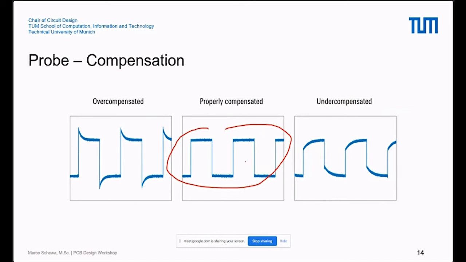And that means that your probe is then compensated. So you compensate the complete line of the probe. And then you can start to measure your PCB. And then you will also get very accurate signals of measurements.